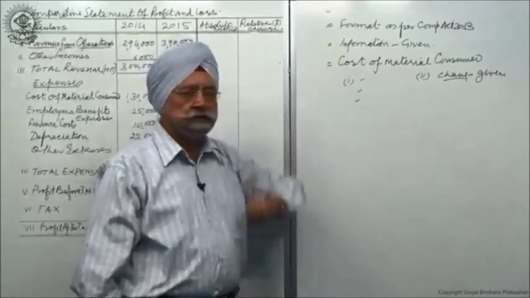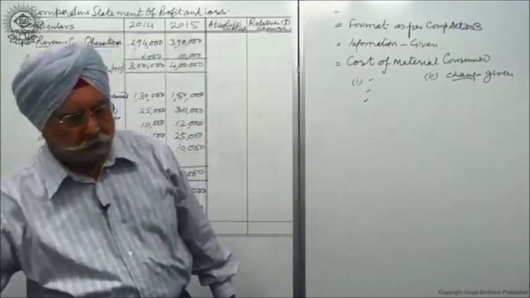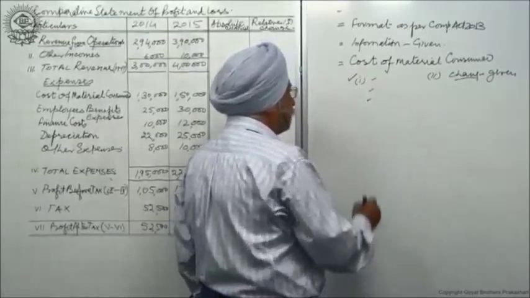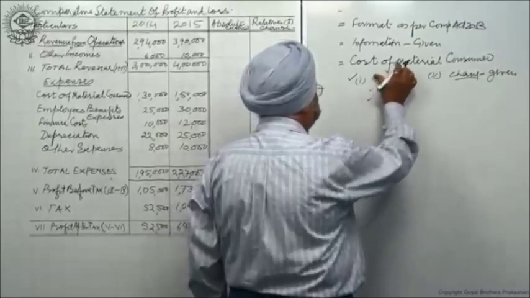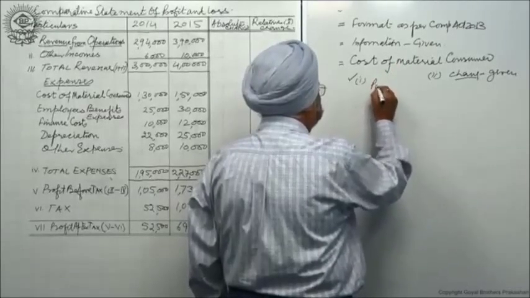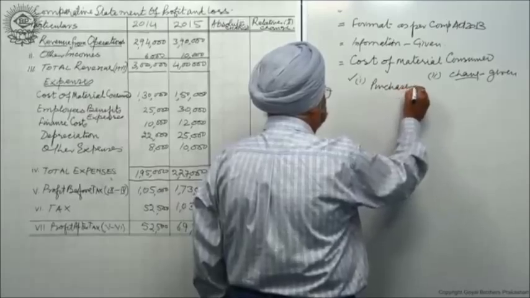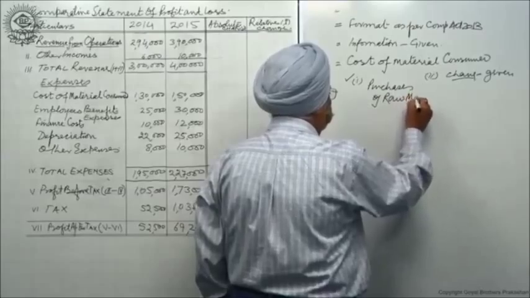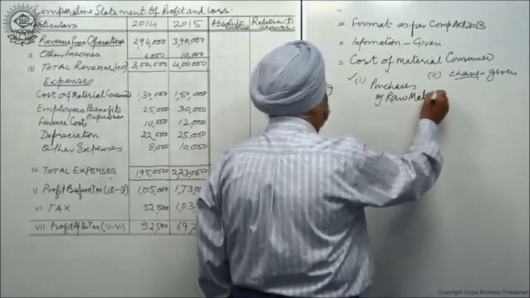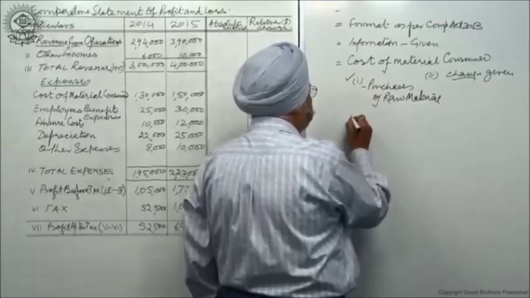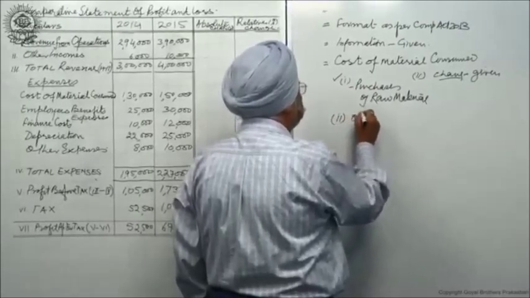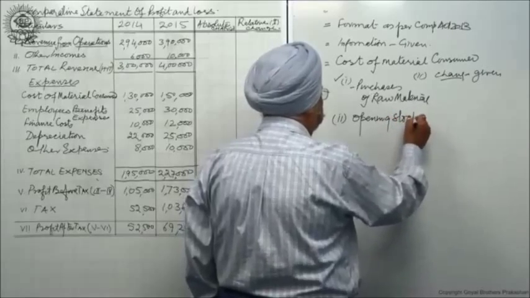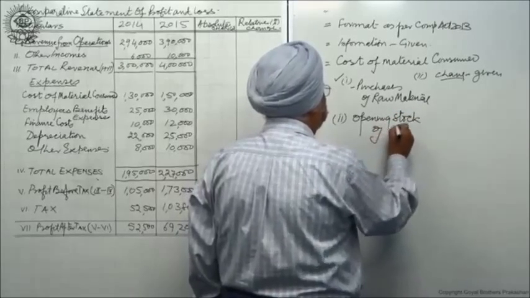Now, cost of material consumed, try to understand this concept. Cost of material consumed will be calculated in two ways. Number one, you are given purchases of raw material, then you are given opening stock of raw material.